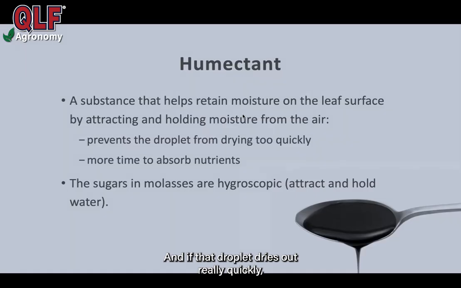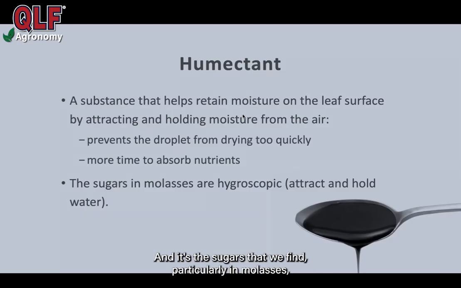And if that droplet dries out really quickly, then the nutrients don't have time to pass through the leaf. So we want to slow the droplet drying time a little bit to give the nutrients time to pass through the leaf. And that's what humectants do. They attract the humidity in from the air, and that helps to keep the droplet wet and therefore slow the drying time. So it prevents the droplet from drying too quickly, giving that nutrition time to be absorbed.